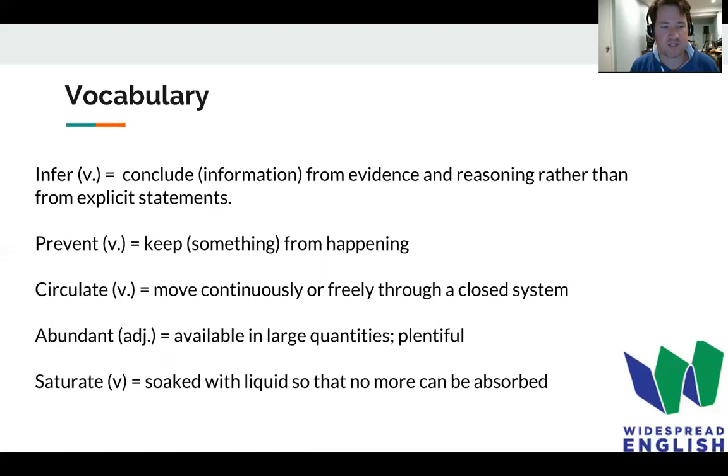Finally, to saturate is a verb, or saturated with the D as the adjective, and it means soaked with liquid so that no more can be absorbed. If you think about a towel and you're cleaning up water with the towel, at some point the towel will get all the water and it will not be able to soak up anymore. No more can be absorbed because it's saturated. It has so much water.